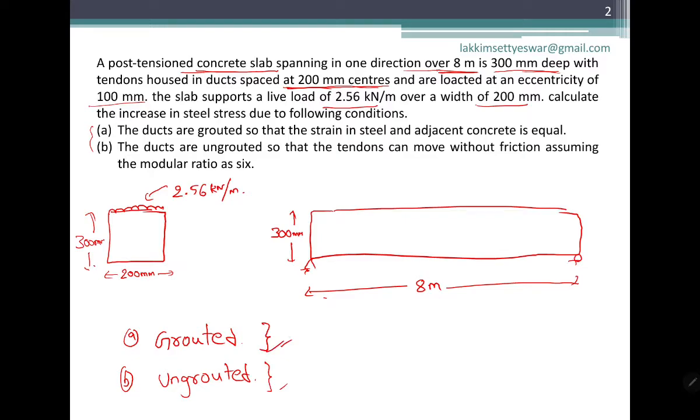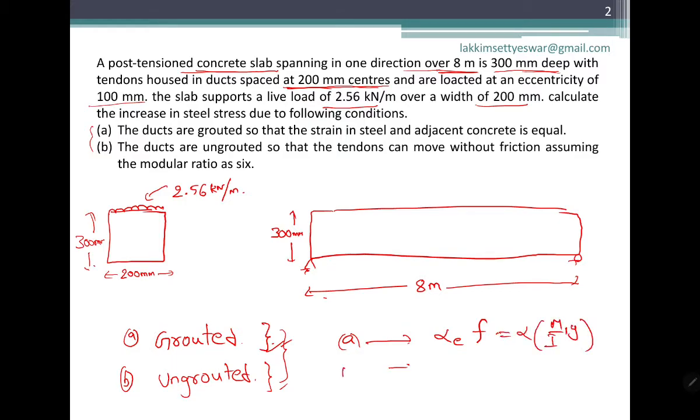Mostly grouted, these techniques we use mostly in bridge girders and bridge decks. Now let's solve this problem. To calculate the increase in steel stress in the grouted case, we use the formula alpha E into f, where f is M by I into y.